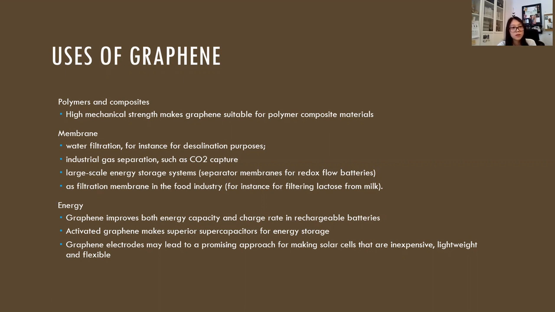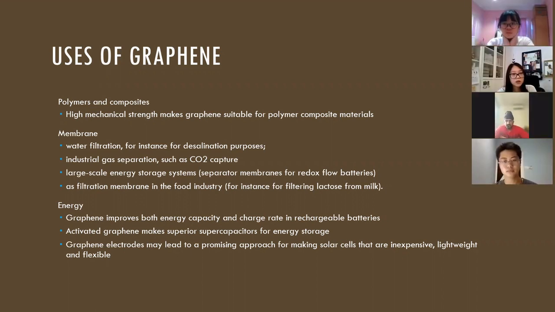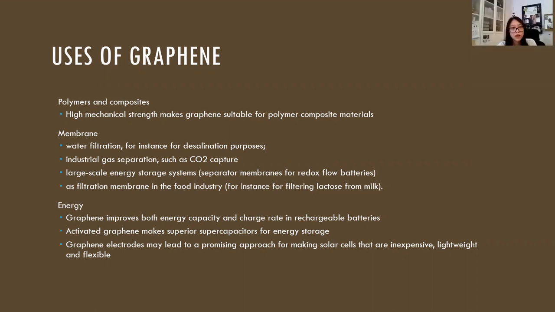And it can be used for graphene membranes, such as water filtration, for example for desalination purposes, industrial gas separation such as carbon dioxide capture, and large-scale energy storage systems, where graphene acts as separator membranes for redox flow batteries. And it can also be used as a filtration membrane in the food industry, such as filtering lactose from milk.